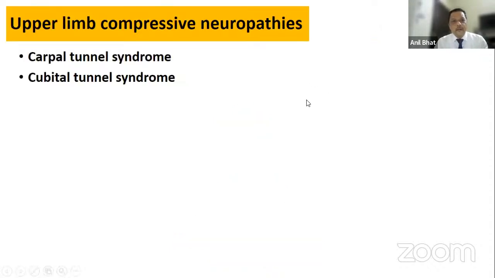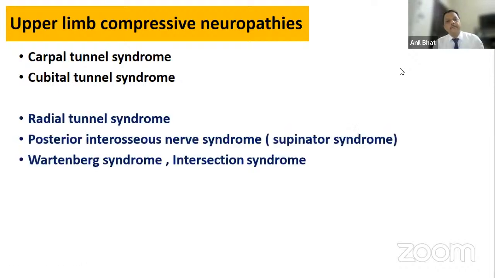As I said, carpal and cubital tunnel form a big chunk of neuropathies, and the other, probably a little less common, are the radial tunnel syndrome and posterior interosseous nerve syndrome. There's a difference between the PIN syndrome, which is also called supinator syndrome, and radial tunnel syndrome. Probably next time I'll tell what the difference is.